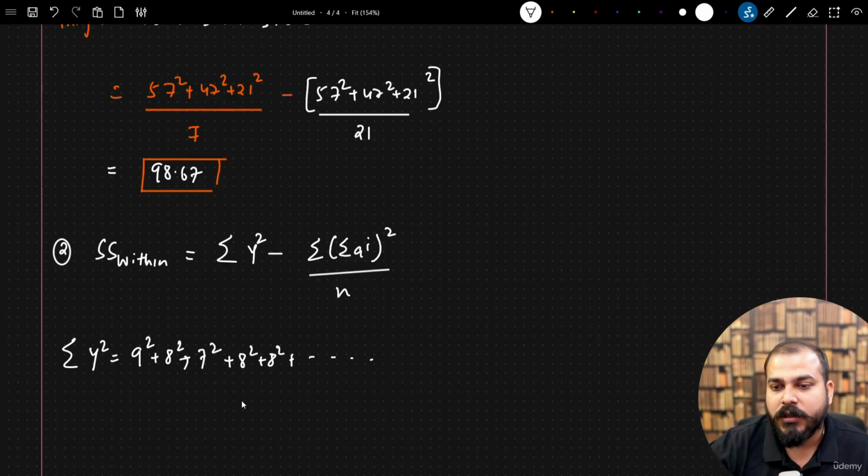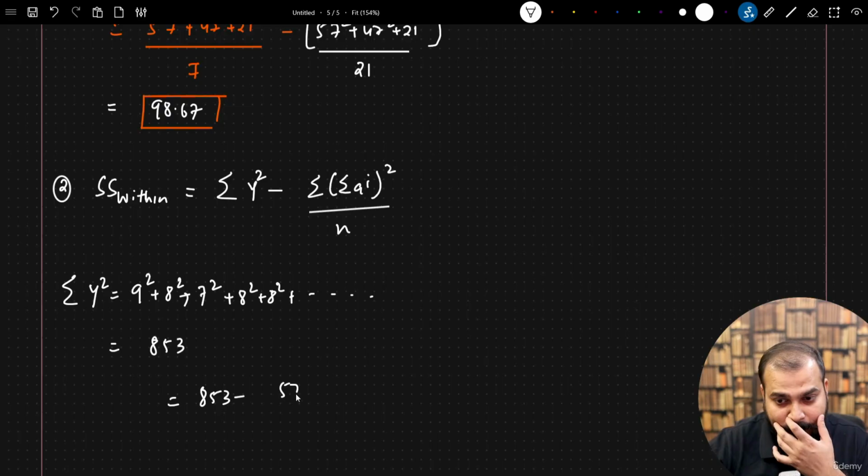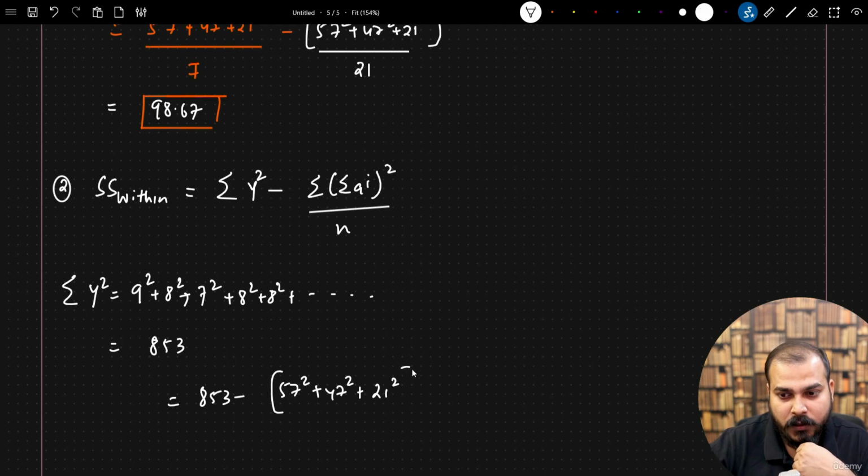Take all the values and do the squaring, and here you are going to get 853. So the sum of square within will be 853 minus 57 square plus 47 square plus 21 square divided by 7.